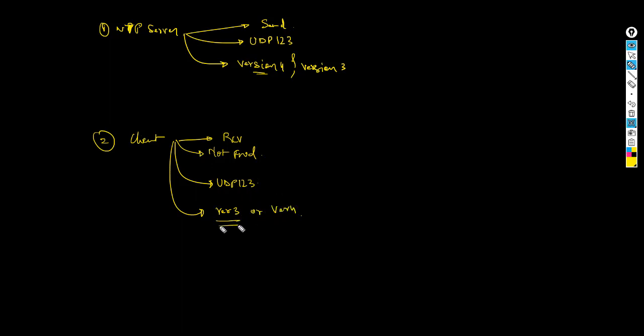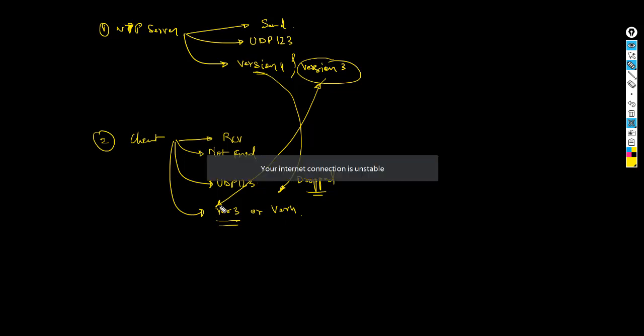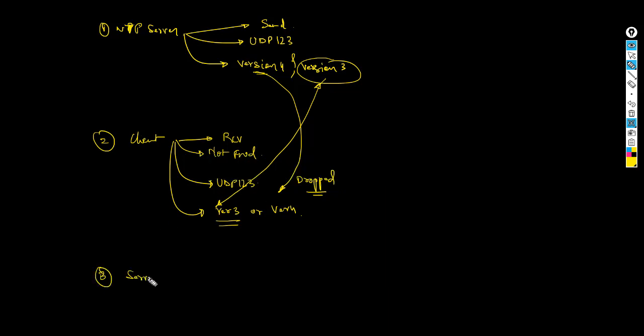If you say you need version 3, you are going to respond with this NTP packet, and the version 4 which is coming here will be dropped, because we don't have anyone who is listening on version 4. And the client, as I told you, is not going to send. So client will receive but not forward.